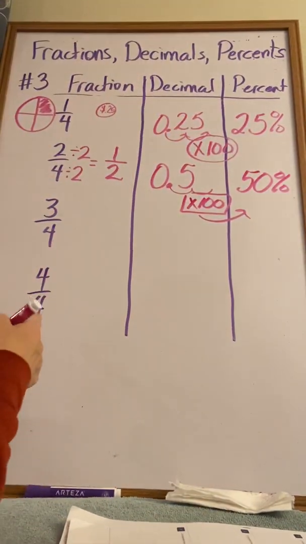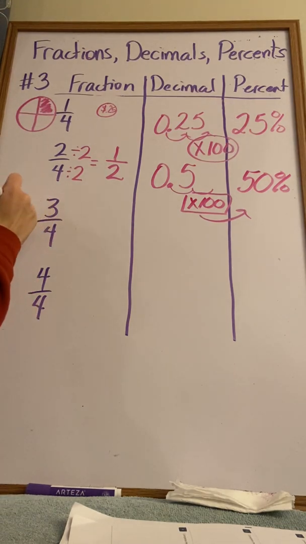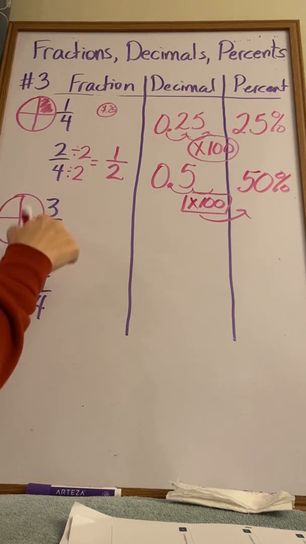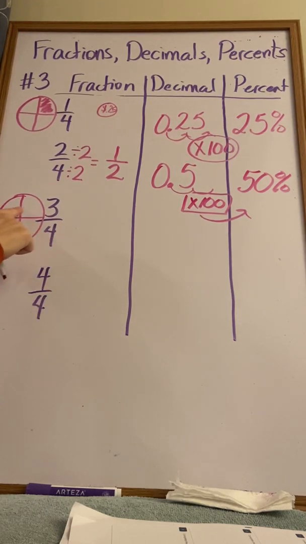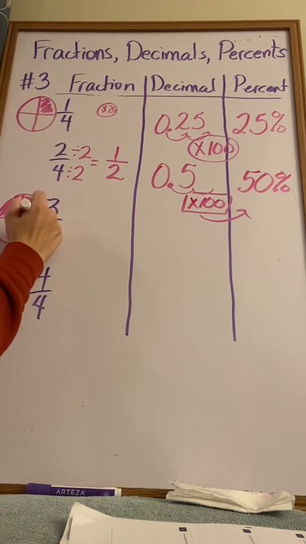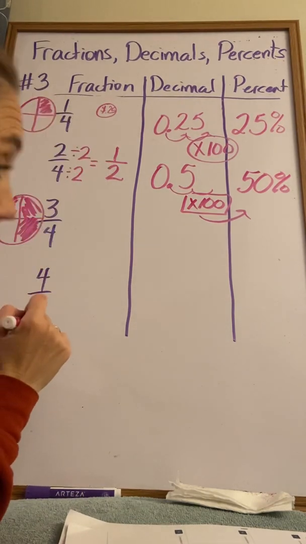Now let's look at 3/4. 3/4, we can't simplify that one. Can't simplify 3/4. It's just going to stay. So the model of that, we have our cake. It's cut into 4 equal pieces. 1, 2, 3, 4. And we get 3 of them. 1, 2, 3. We get 3 out of 4 pieces of cake.